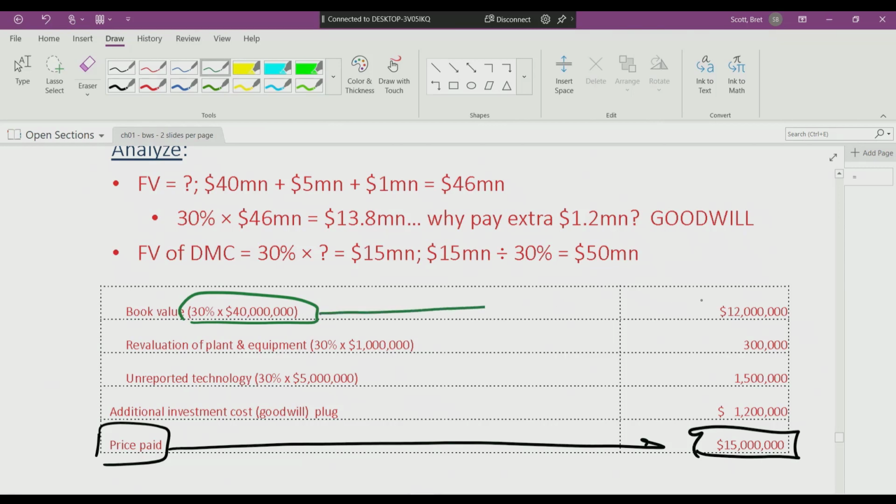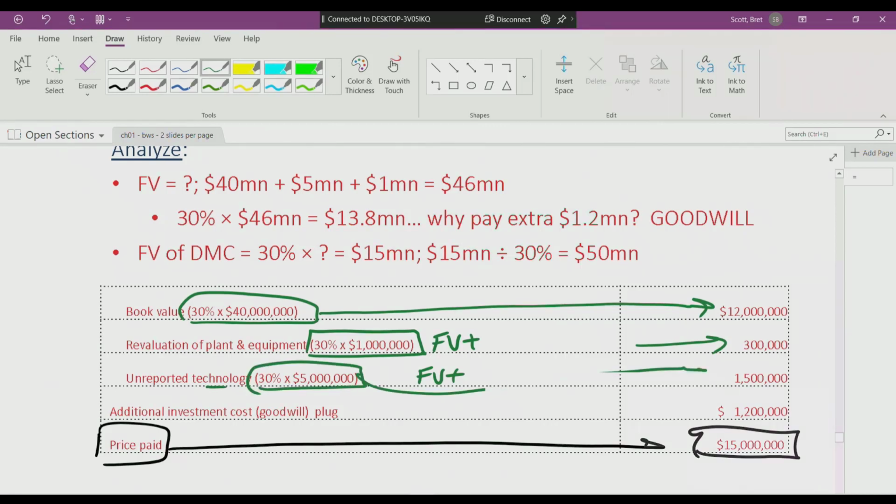You multiply that out, that means we have a $12 million stake in their equity. We're also saying that there are fair value adjustments. Revaluation of plant and equipment, 30% times $1 million, $300,000. Unreported technology, 30% times $5 million, $1.5 million.